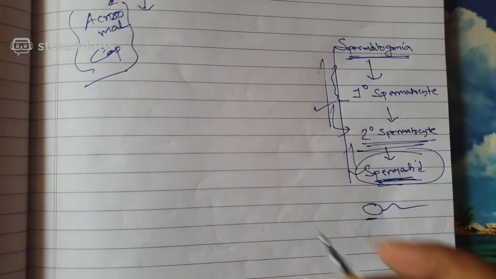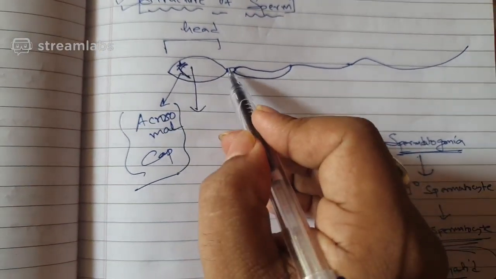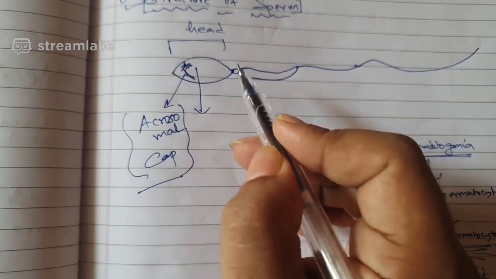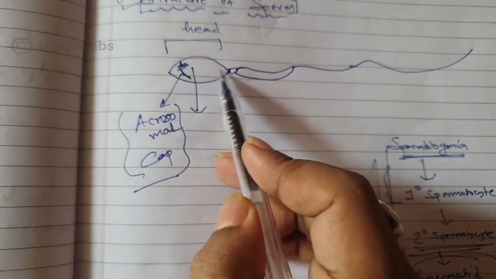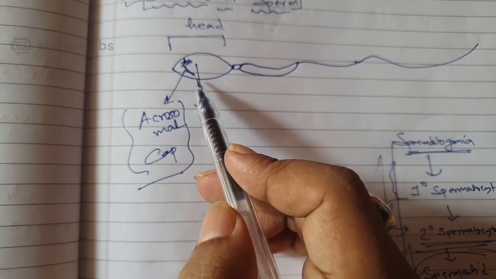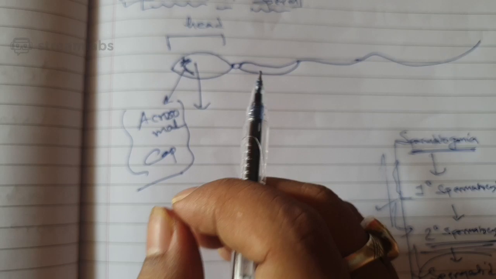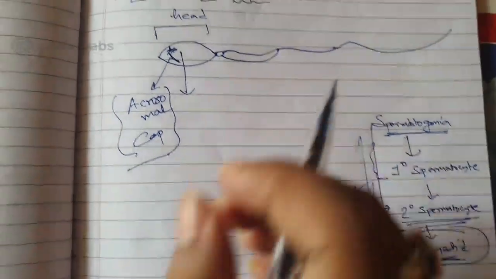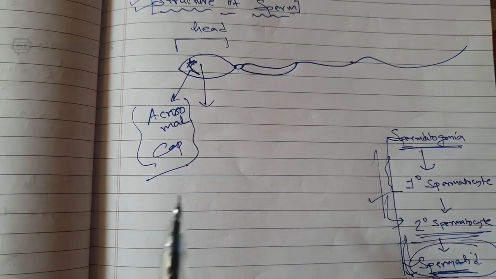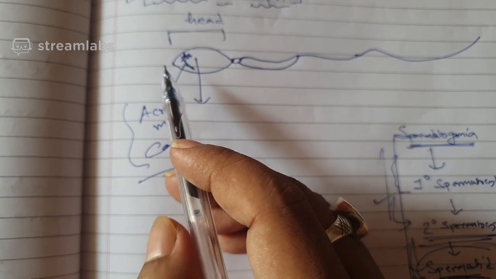The spermatid had an acrosomal cap. In the process of spermiogenesis, the nucleus of the spermatid becomes the head of the spermatozoa.